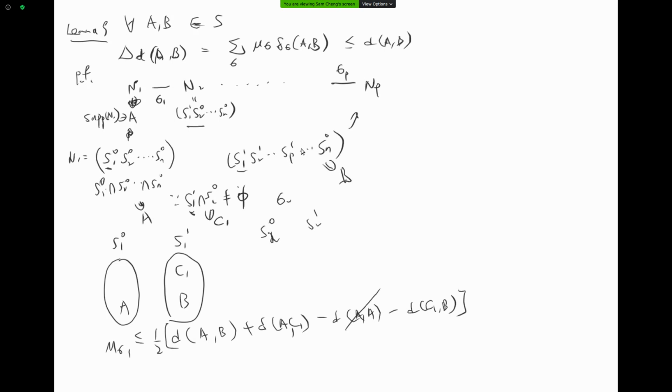C1 is contained in S20, and A is also contained in S20, because in the first node we know that A is contained in M1.